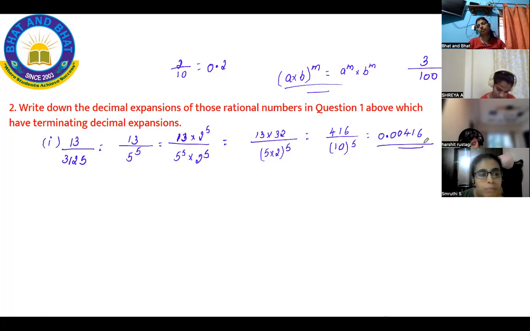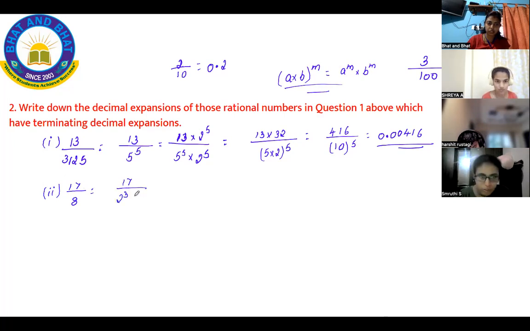Now, the second question. Second one was a terminating decimal, right? Yes, terminating. Can you tell me the number? I think 17 by 8. So 17 by 8 is written as 17 divided by 2 raised to 3.